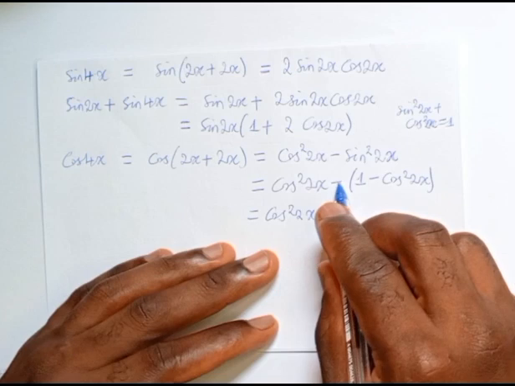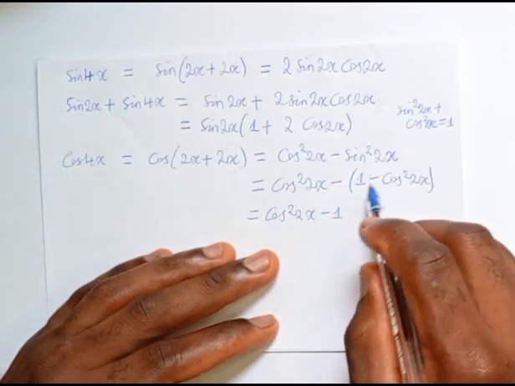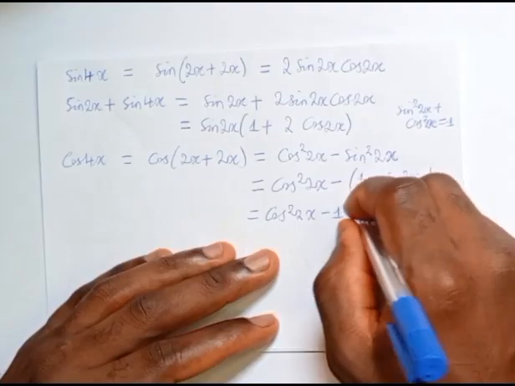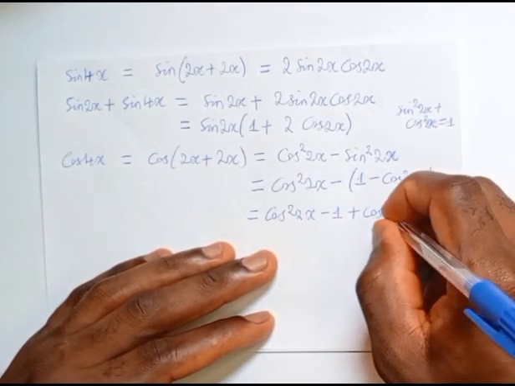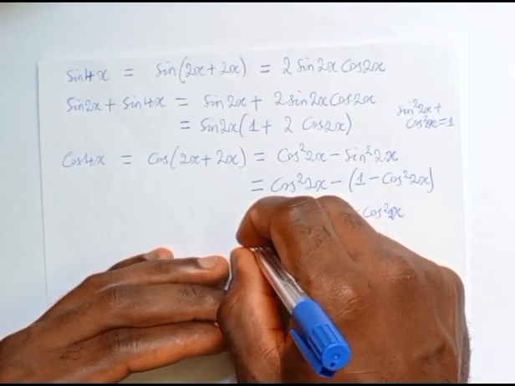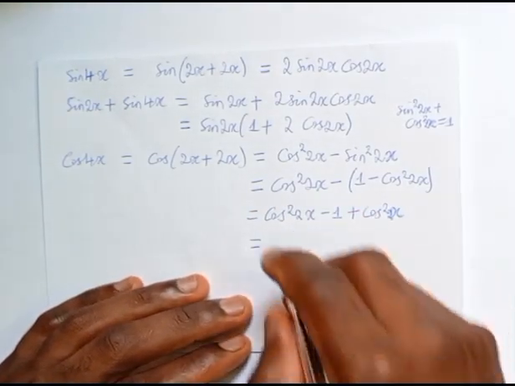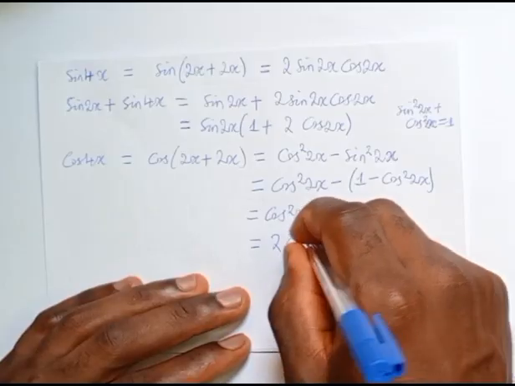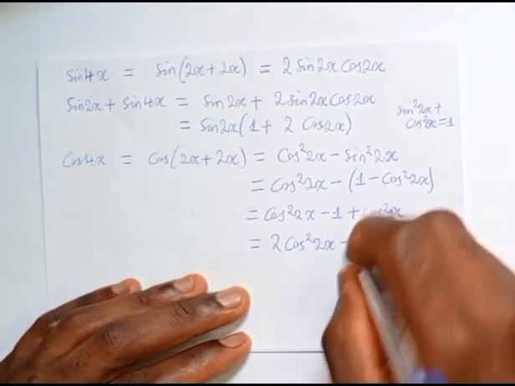We expand this bracket. Negative 1 times 1 gives negative 1. Negative 1 times negative cos squared 2x gives us positive cos squared 2x. And this will be equal to cos squared 2x plus cos squared 2x gives us 2 cos squared 2x minus 1.